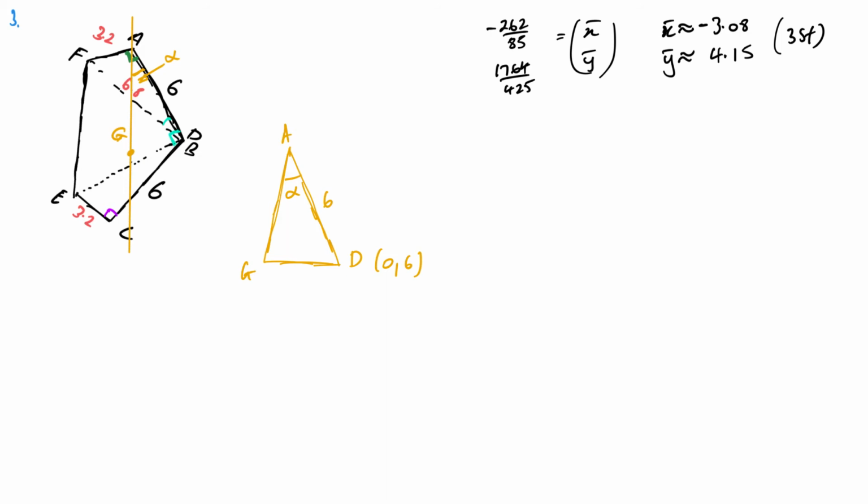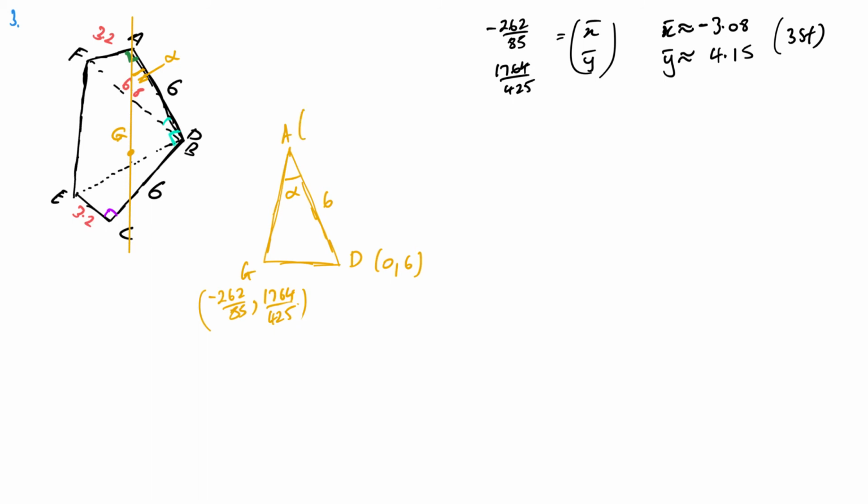We know G, which I'll pop down here as minus 262 over 85 and 1764 over 255. Sorry, that's not a 255 on the bottom, that's 425, isn't it?